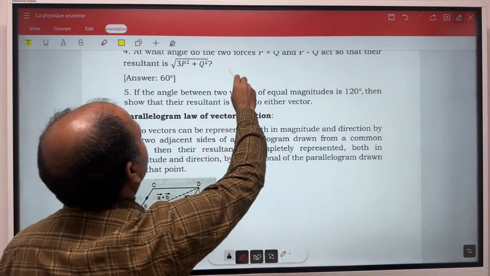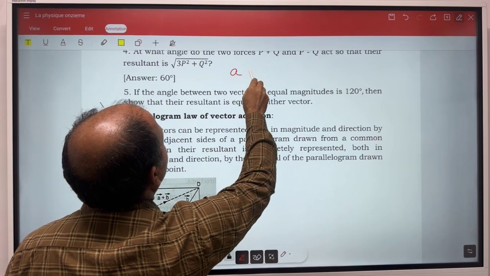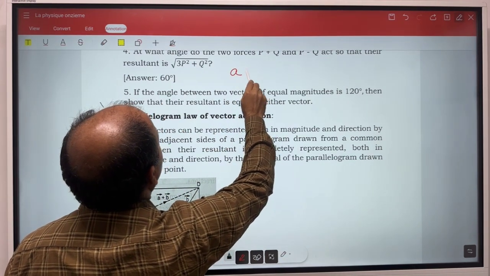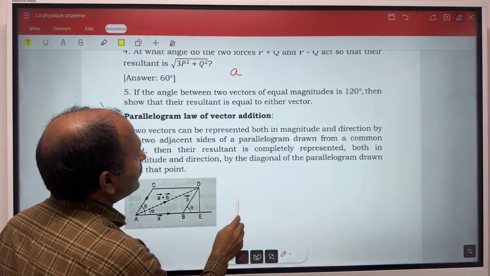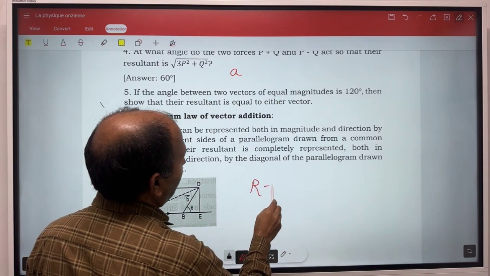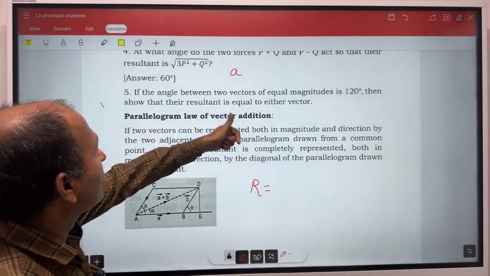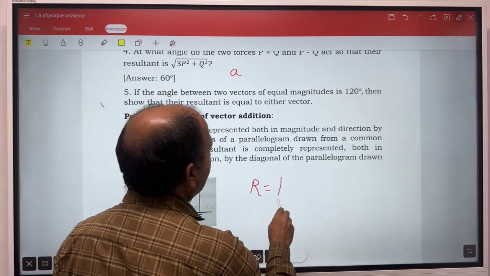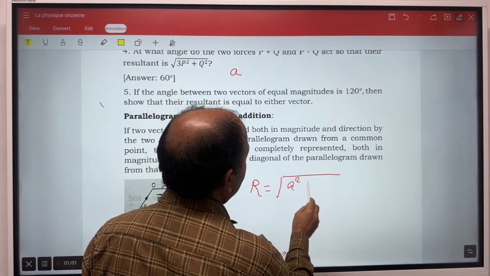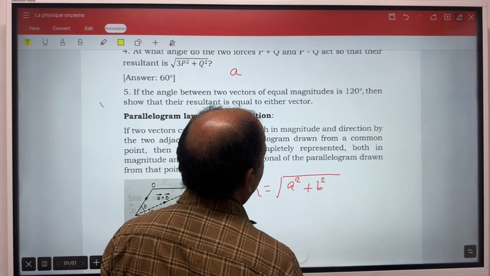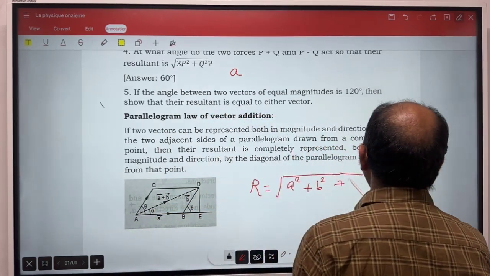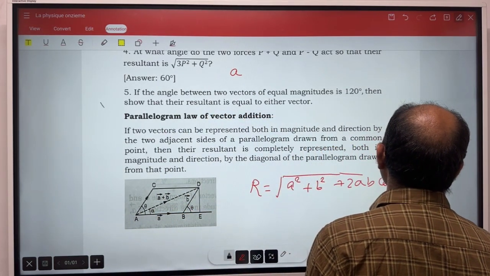So suppose both vectors have magnitude A. The first vector is A, the second vector is also A. So we try to find the resultant and we will see if the resultant is also A or not. So R equals the root of A square plus B square plus 2AB cos theta.